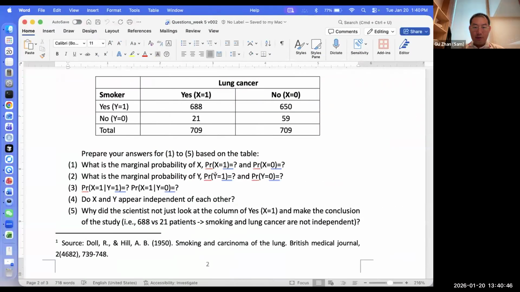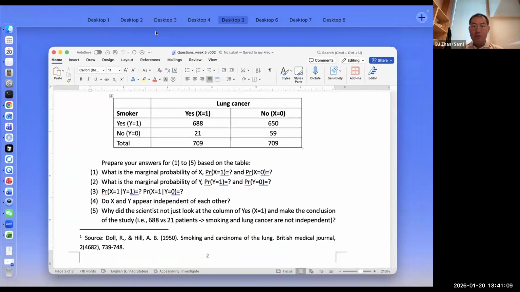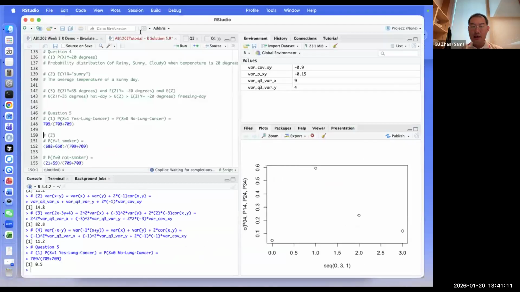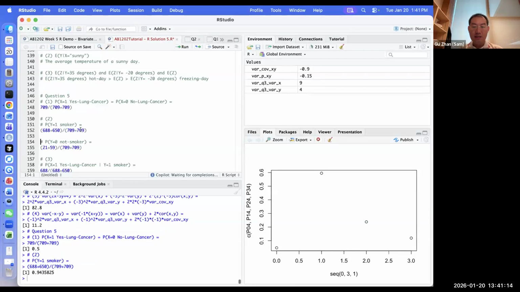Then what is the marginal probability y equal to 1 and y equal to 0? y equal to 1 is 688 plus 650 divided by the total of 1418. That's the proportion of smokers in this data set. It's not necessarily the natural population, but in this particular data set, it shows 94% of the subjects, the people surveyed, are smokers.